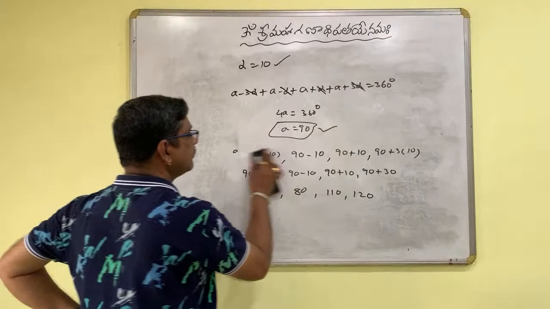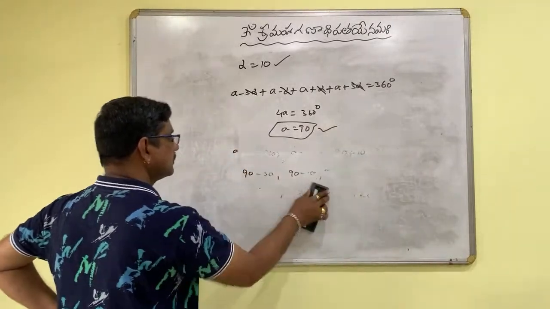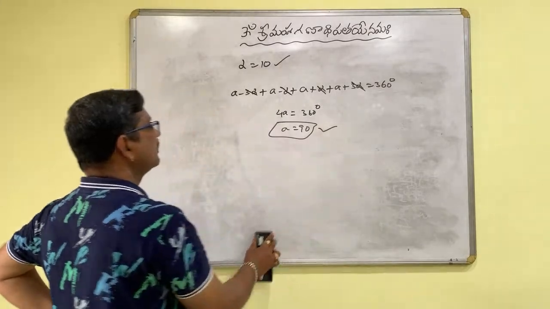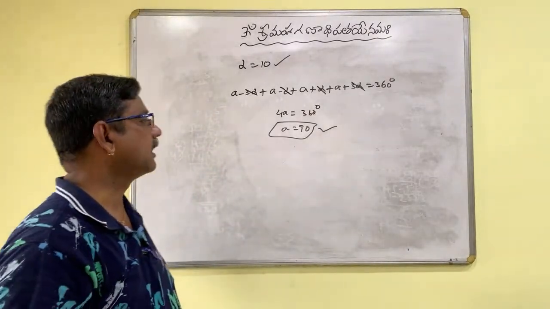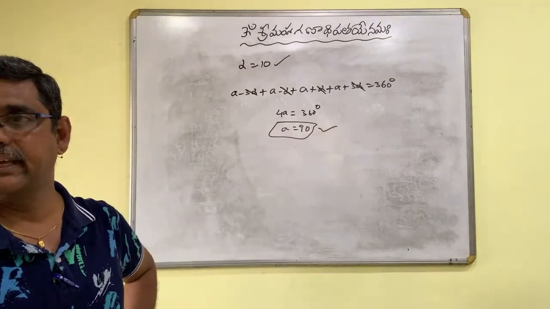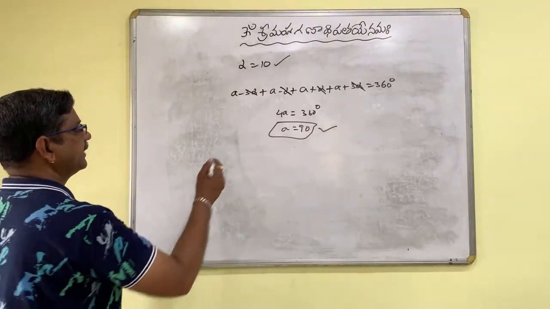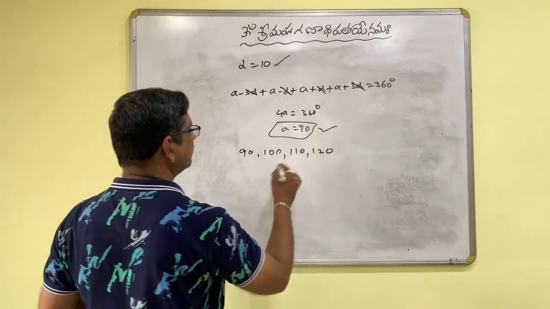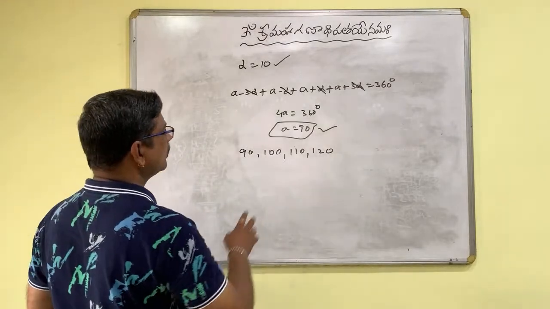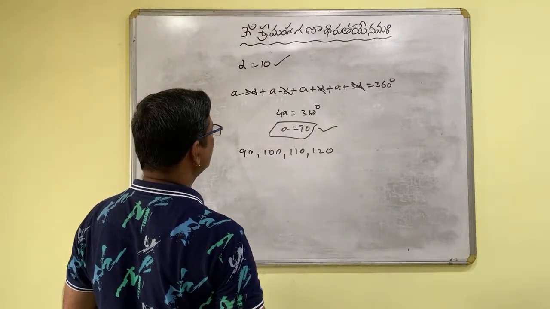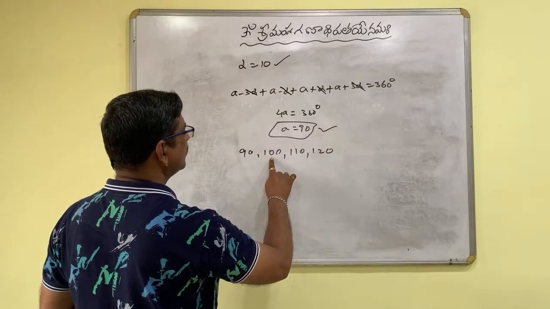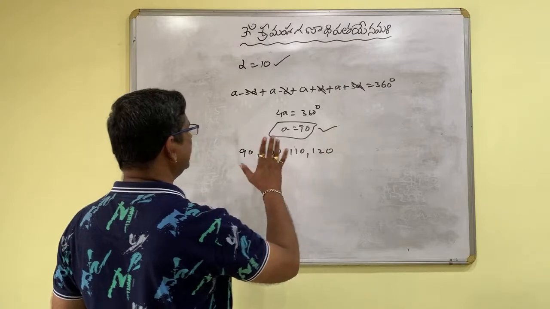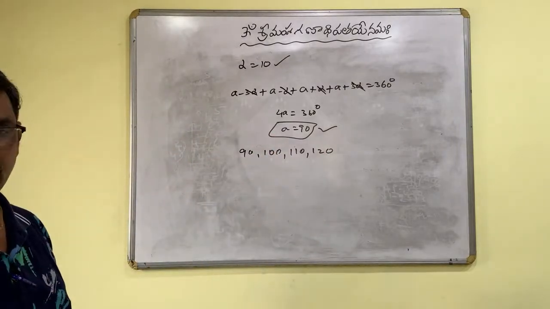Then why do we have to use this? 90, 100, 110, 120. So are we getting 360 here? 300, 330, more than 360, na?